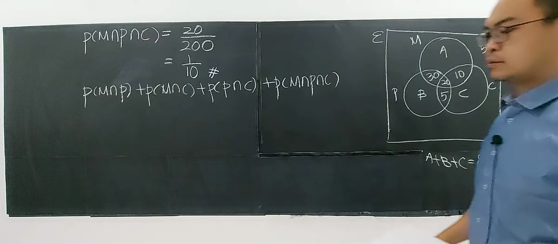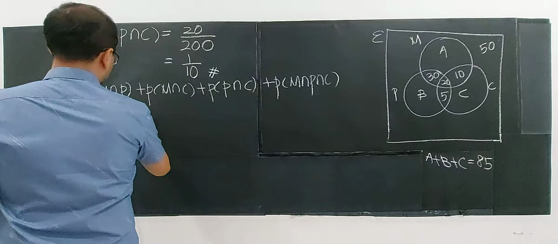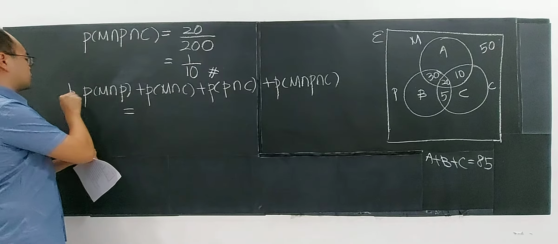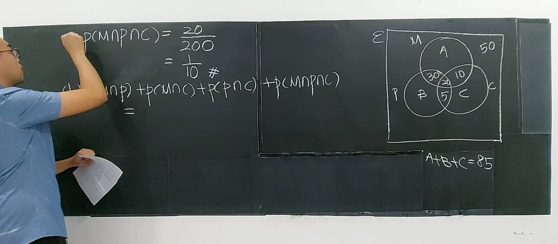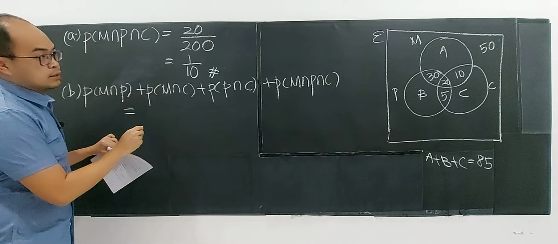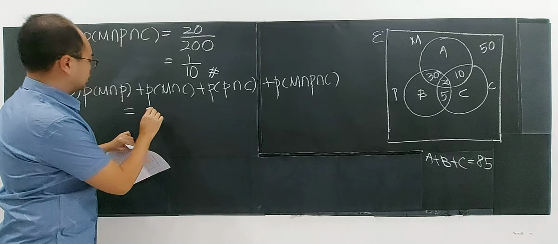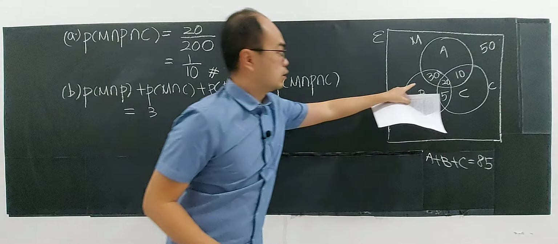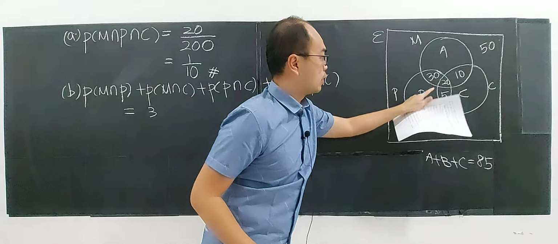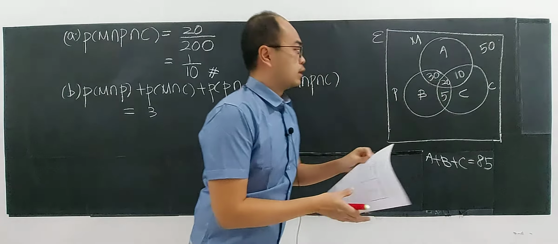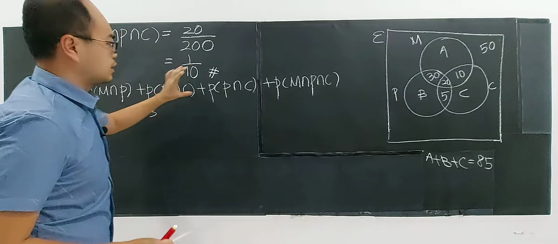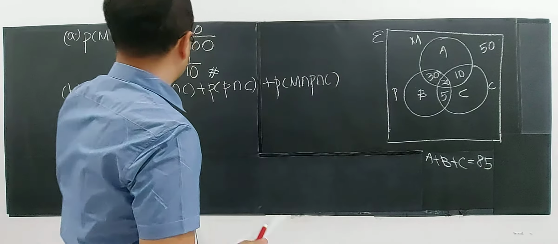These are all the numbers that you should know. So you can just write, okay, this is for part B and for part A. So for part B, it will be 30, mathematics and physics. This is all the information, right?